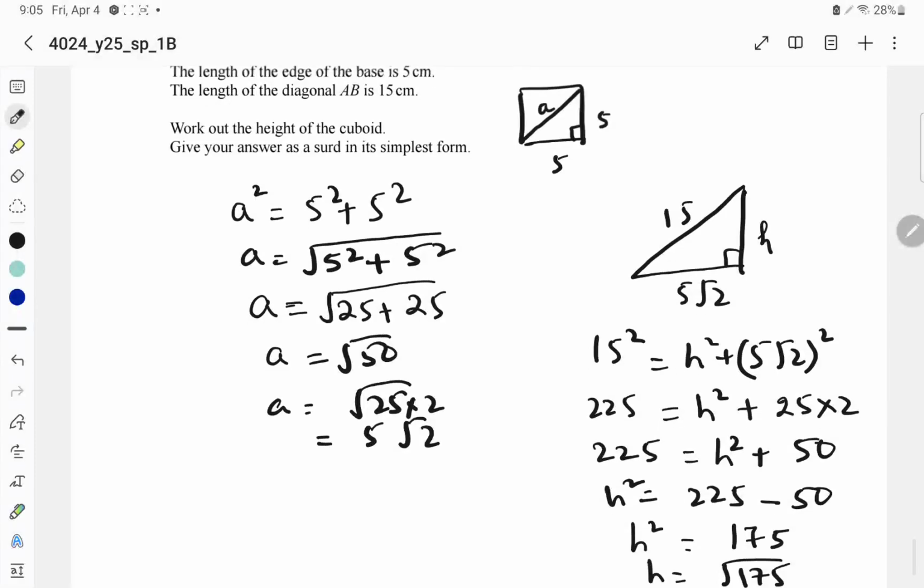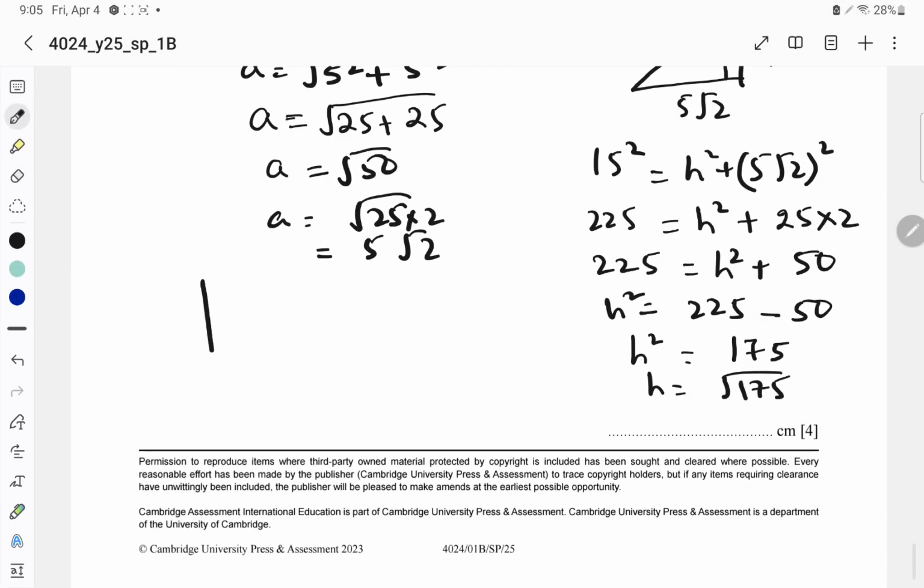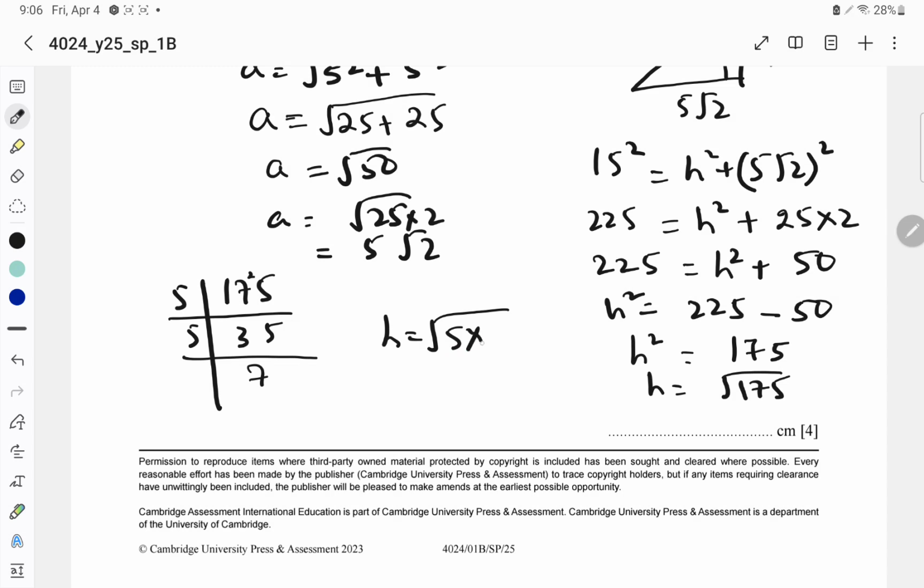Okay, simplest form: 175, 5 times 3 is 15, 16, 17, and 5 times 5 is 25, 5 sevens are 35. 5 into 5 into 7. h is equal to the square root of 5 into 5 into 7, which is equal to 5 square root 7, which is the simplest form.